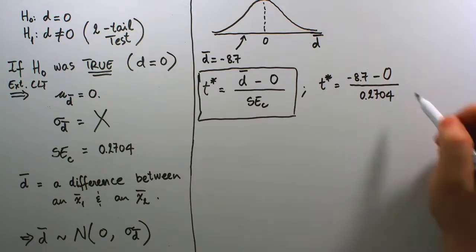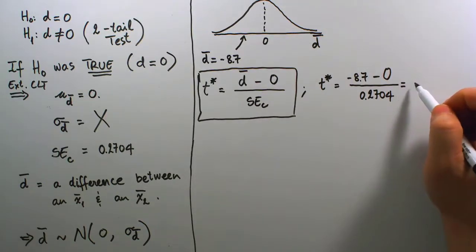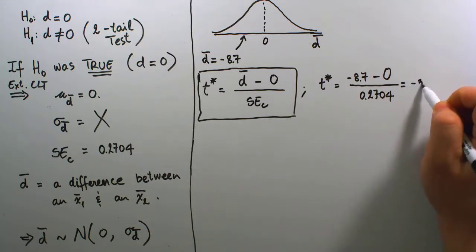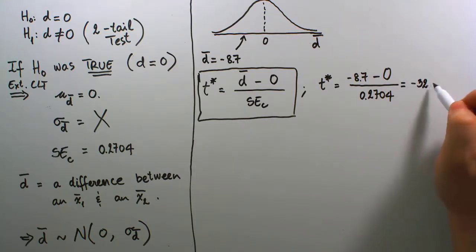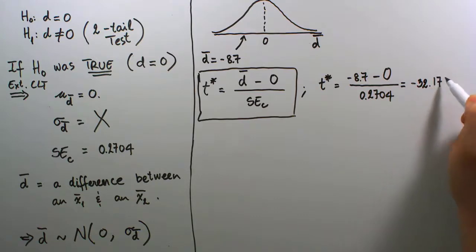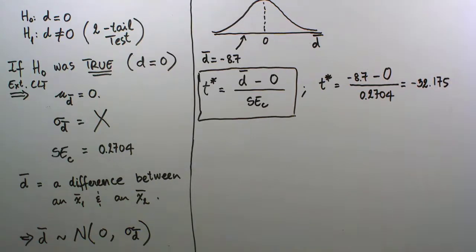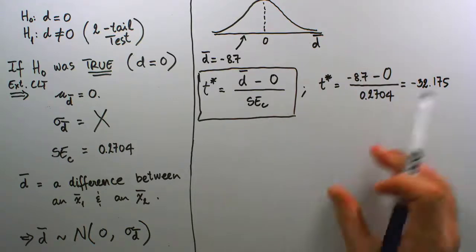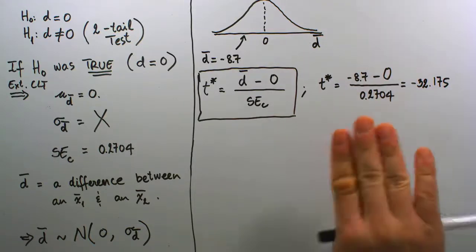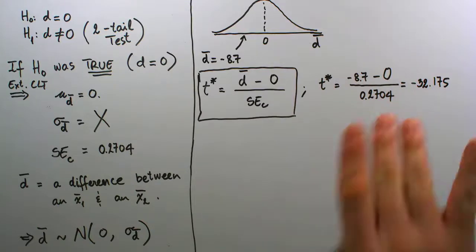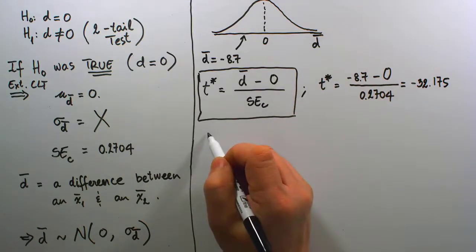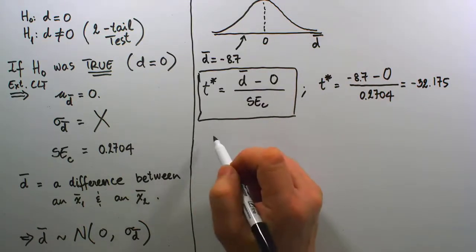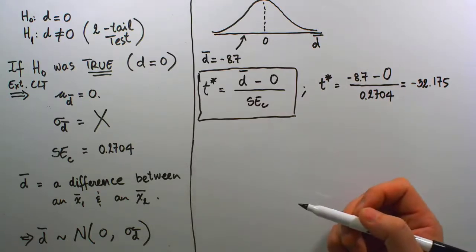So now our t star value came out after my calculation to be minus 32.175. So at this point, if anyone is rolling back to the solution for part A, then the steps are exactly the same, including the steps where we are taking the degrees of freedom, which I will mention later.